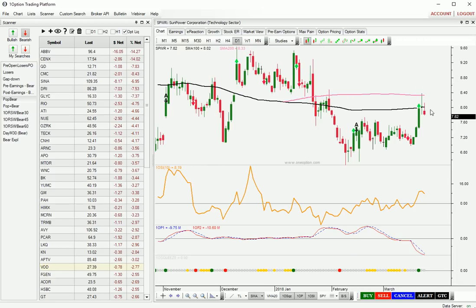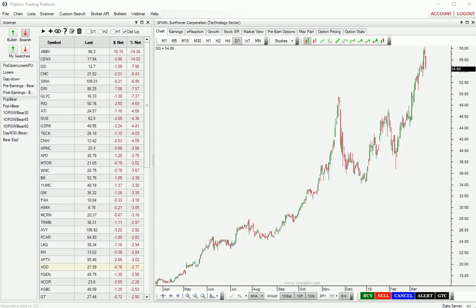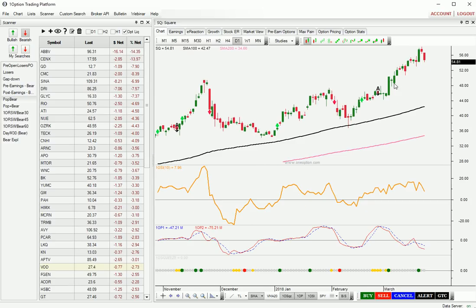That had a nice compression. It's flirting with that 100-day, but it's got to get through the 200-day. Nah, no thanks. Incredible strength in here. Strong versus the market, starting to roll over. Nah, might fit the other criteria, but I'm not too interested in that.